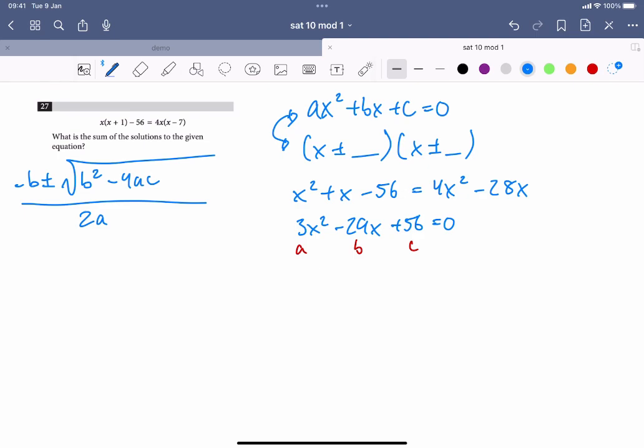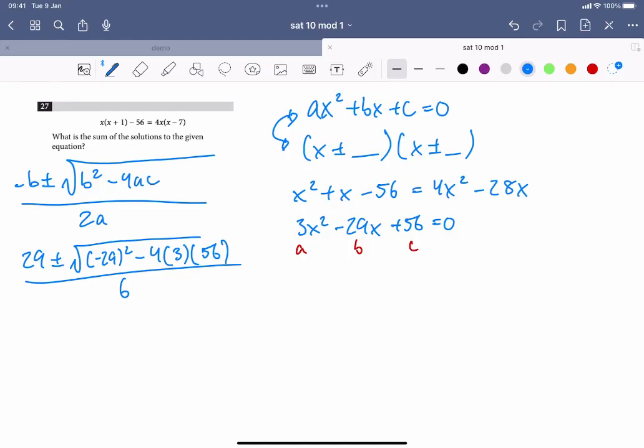We would get something like 29 plus or minus the square root of b squared, which is negative 29 squared, minus 4 times a, which is 3, times c, which is 56, all over 2 times a, which is 3, which is 6.